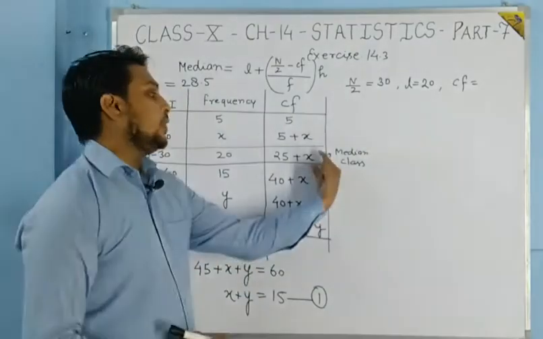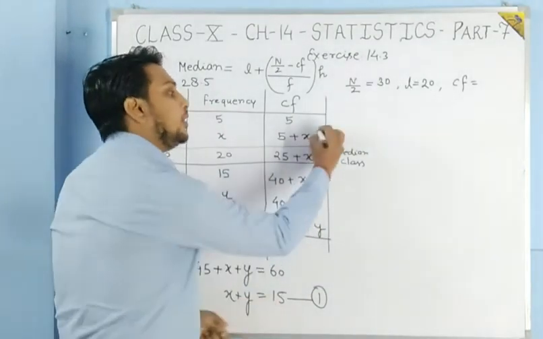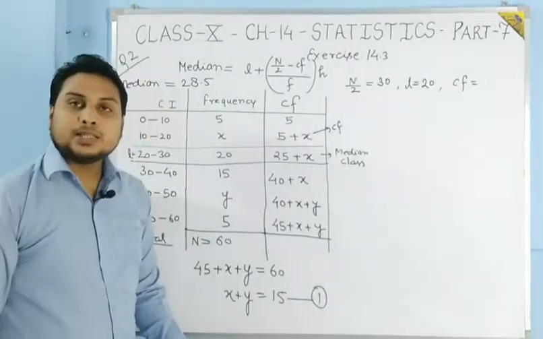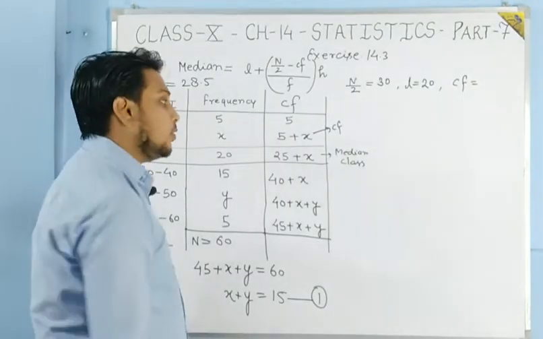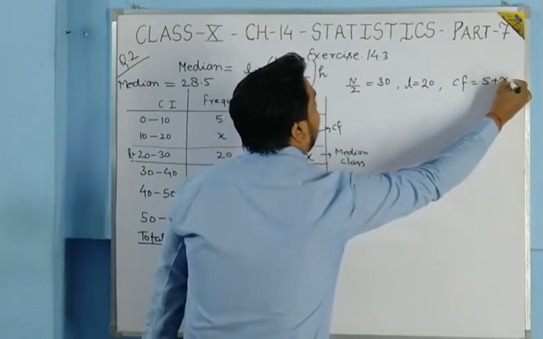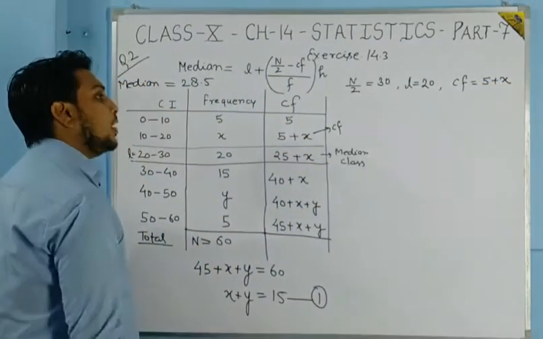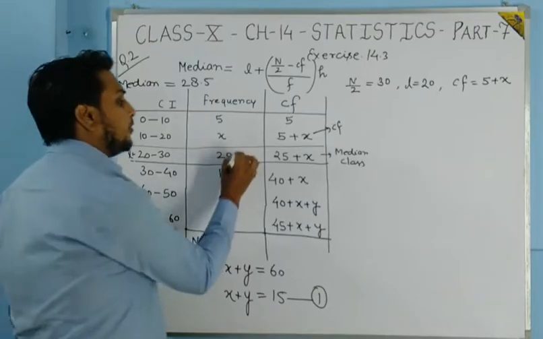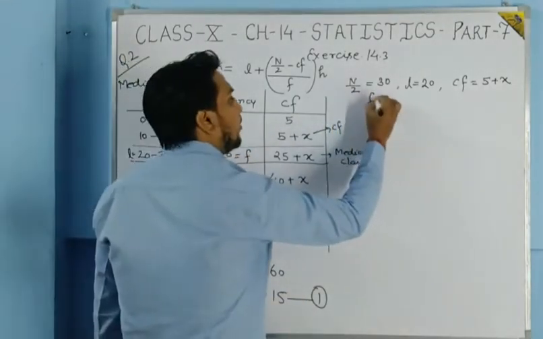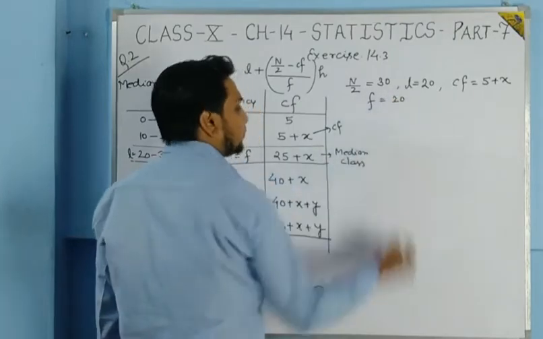Okay, if it is the median class, then CF will be what? CF will be the cumulative frequency of the preceding class. Okay, so the value of CF will be 5 plus x. Okay, and what is F? So we know that F is the frequency of the median class. So F is what? F is 20.